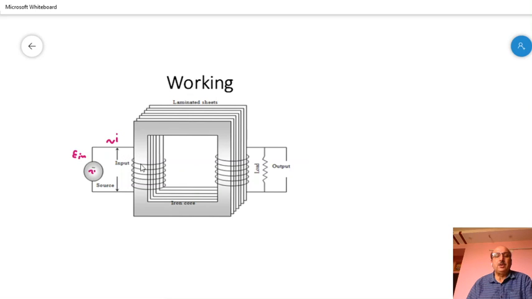This alternating current goes to the input side coil, that is the primary coil. In this primary coil there are some turns. The number of turns in the primary coil is represented by Np, and the induced current will come across the secondary coil, where the number of turns is Ns.